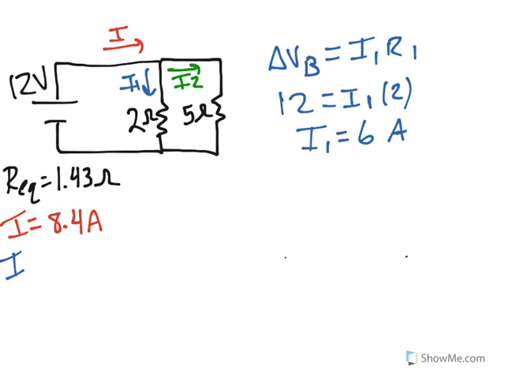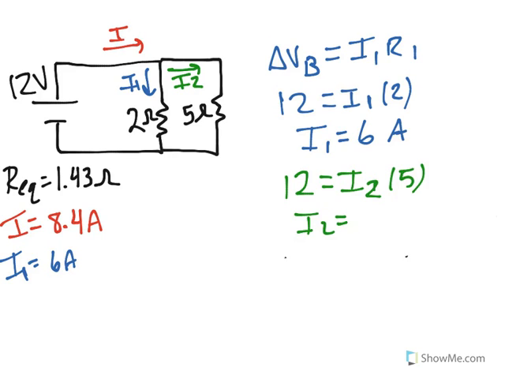Now I can do the same thing for I2. 12 is equal to I2 times 5. So I2 is equal to 2.4 amps.